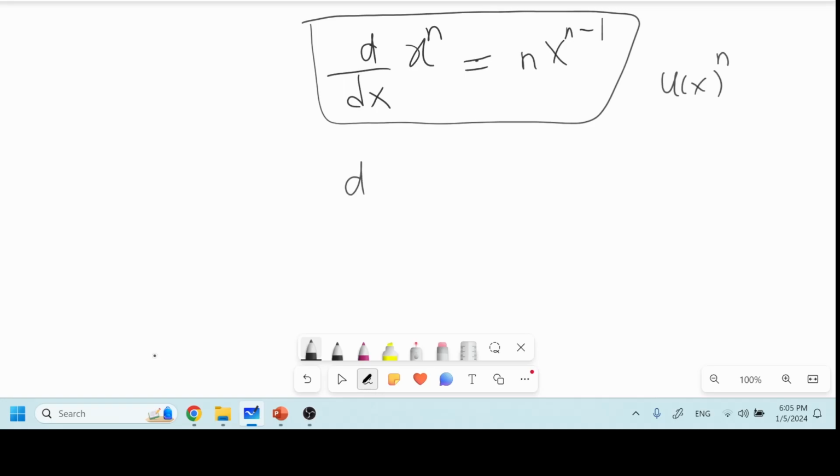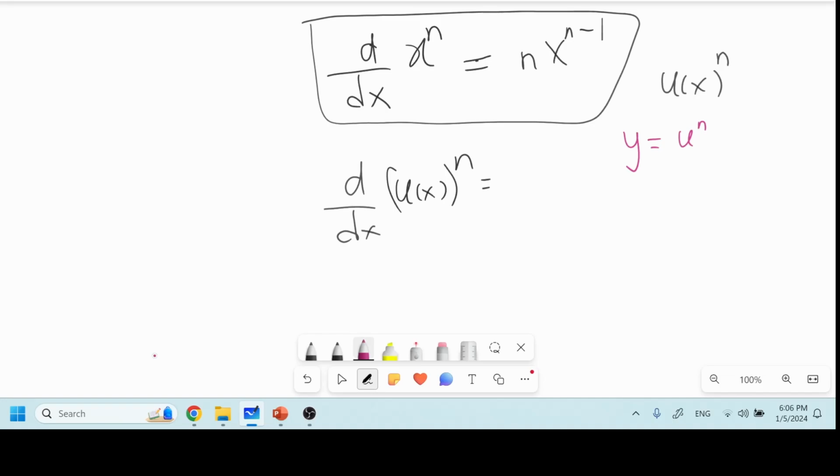So we ask the same question: if you replace x^n by u of x raised to the power of n, what do you get? In this sense, we are promoting the single variable x into a function of x, which is represented by u of x. Then you can apply the chain rule to answer this question. So we will let y equal u^n.